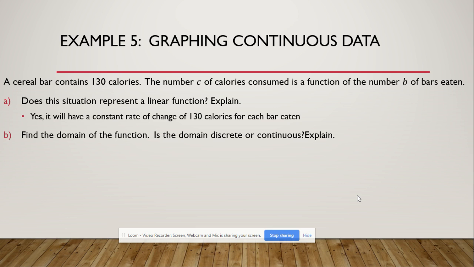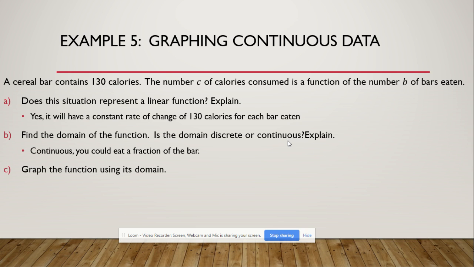All right, now we'll find the domain of the function. Well, I certainly can't do negatives, so those are out. We already talked about how fractions work, so this is going to be continuous. So the domain is going to be basically all positive numbers.